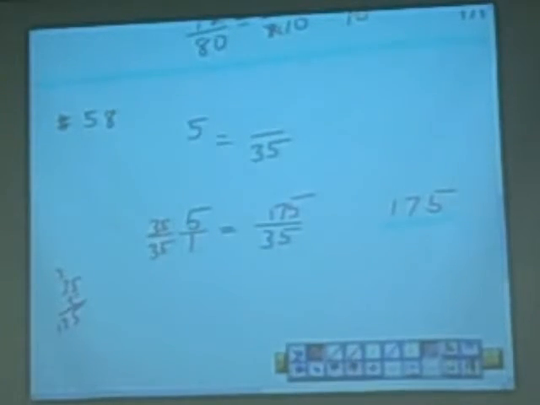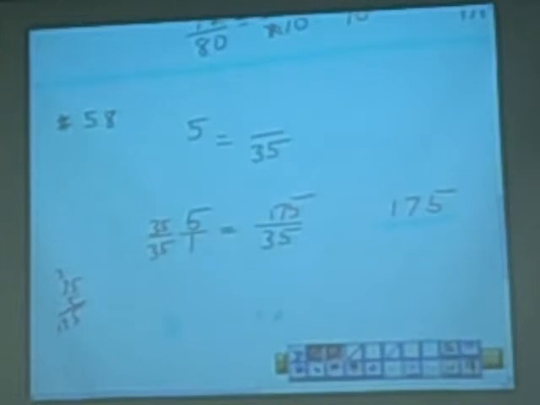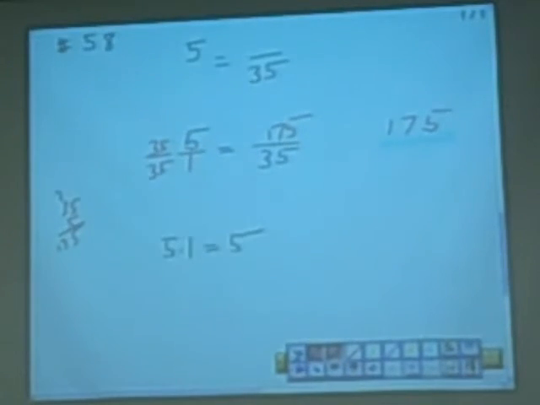Where did you come up with the 1? Well, any number can be divided by 1. 5 divided by 1 is still 5. Just like any number times 1 gives us that same number, any number divided by 1 gives us that same number.